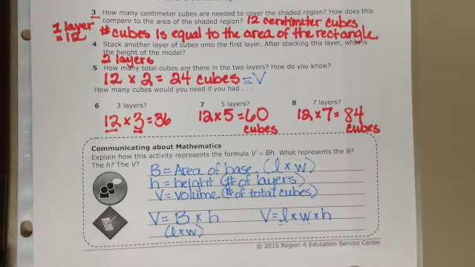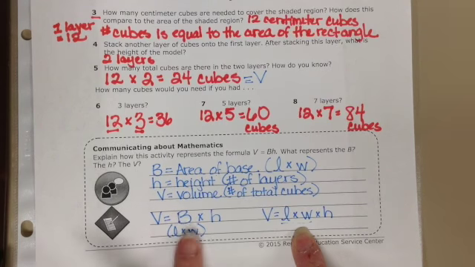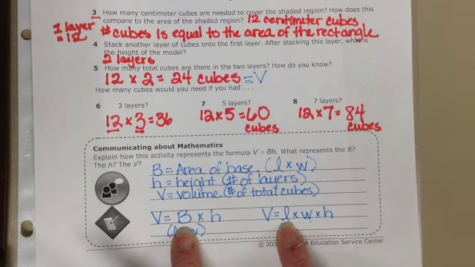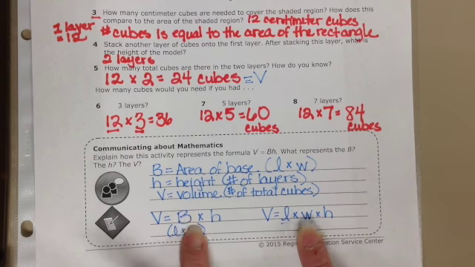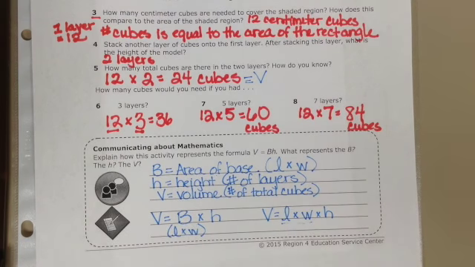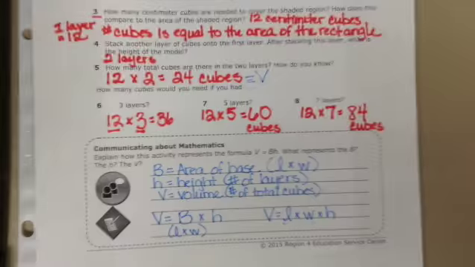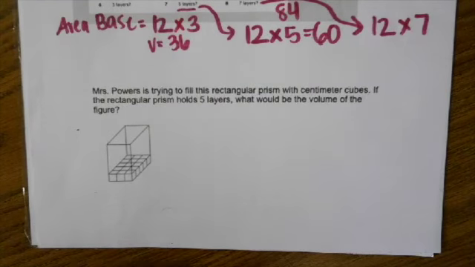But all the length times width is the area of the base. So depending on whether I know the area of the base or whether I'm given either a length or a width, I can use either formula because they represent the same thing on a test or in a problem.